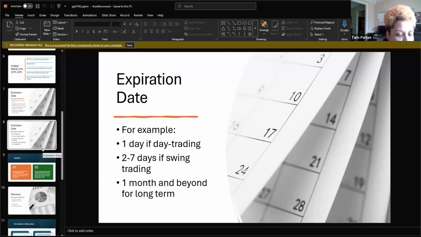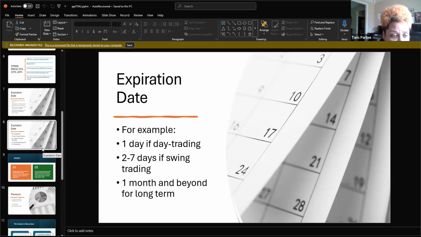So if Apple hit a low and you feel like you want to hold Apple for a year or 2 years, that's when you're going to buy those LEAPS. Those are long-term contracts. They call them LEAPS. You can look that up. I can't think of what LEAPS stand for, but for the purpose of this video, just know that it's a long-term contract.